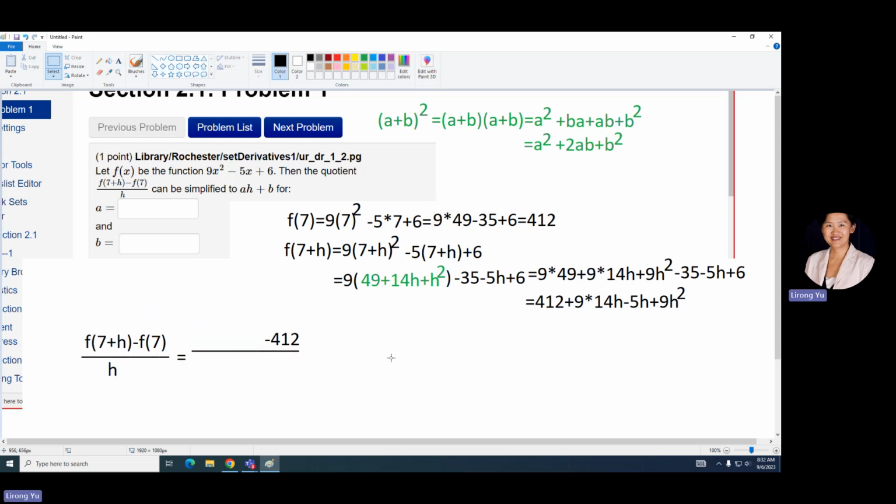All right, calculating these two just to ease the complexity, just to make sure when we do this, it won't be overly long. Sometimes when the representation is long and complicated, it makes it hard for us to identify the pattern or combine like terms. So I try to do it ahead of time, and then we grab that part, and that's supposed to replace f of 7 plus h.